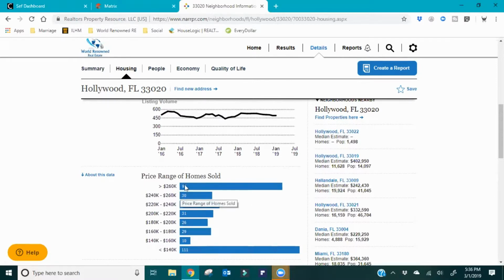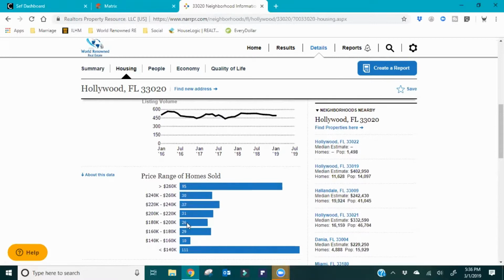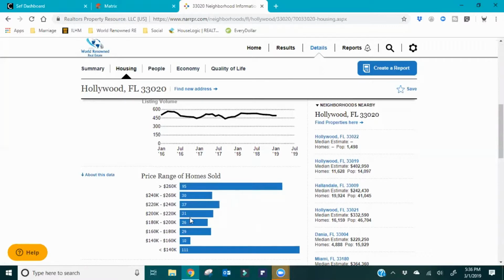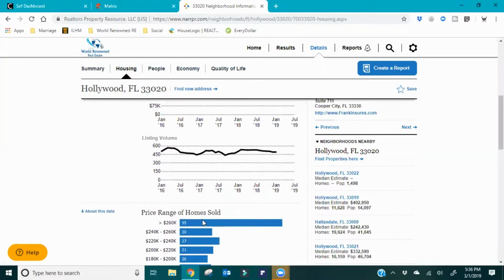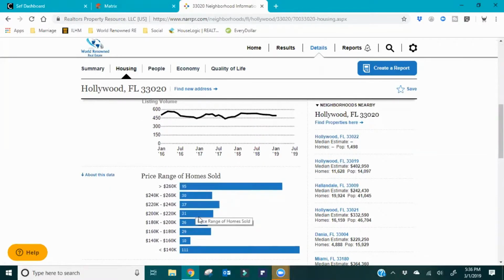And if we're right on the fence, let's say between 200 and, right at, let's say, 199 or 205, this tells the number of homes in that price range that sold. So sometimes it might be more advantageous for you to position the property a little bit higher if you're right on that line there, as you can see.